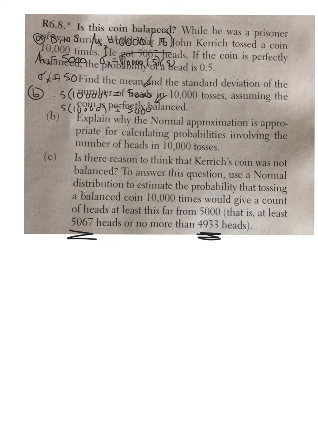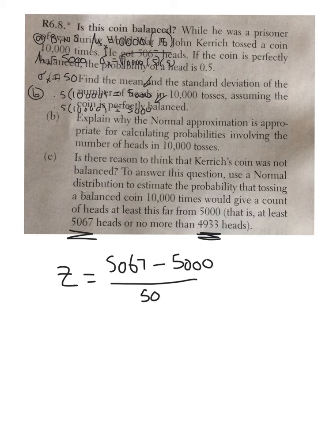Here we go. The z-score, right, is the number that we got, 5,067, minus our average, which is 5,000, divided by the standard deviation, which is 50. And we want to say, what's the probability that we get that many or more, actually? So it shouldn't be equal to, it should be like that.